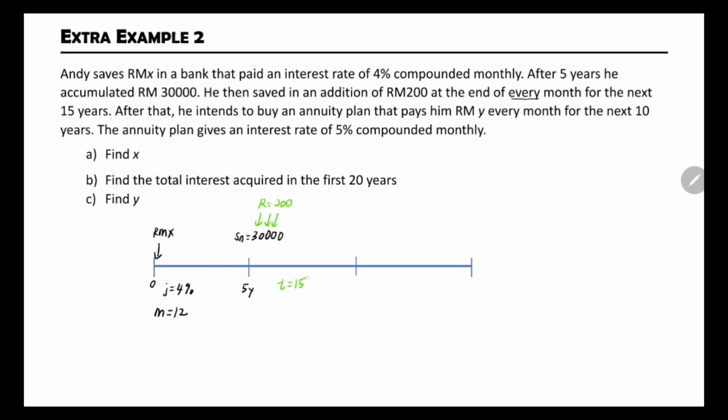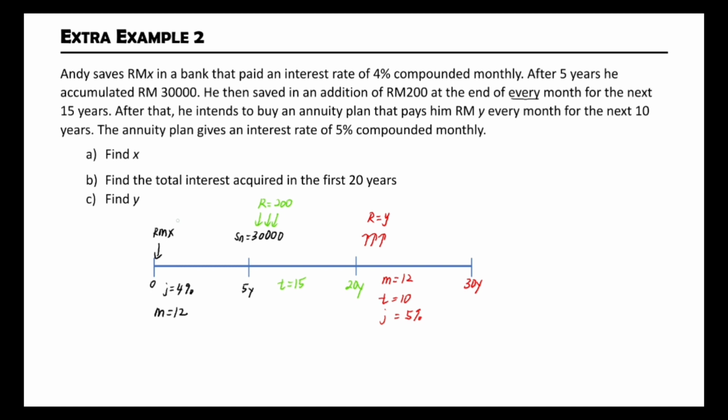Duration here is 15, means this is 20 years. After that, he intends to buy an annuity plan that pays him RMY every month for the next 10 years. So M equal to 12. For the next 10 years means total year is 30. D equal to 10. The annuity plan gives an interest rate of 5% compounded monthly.